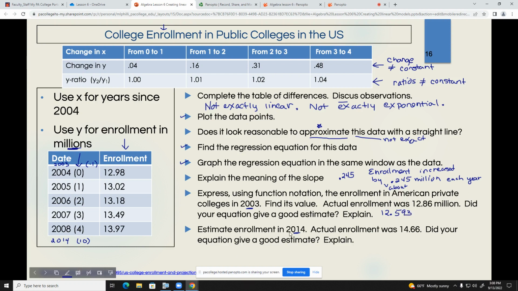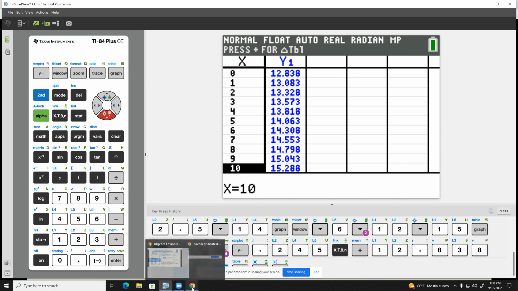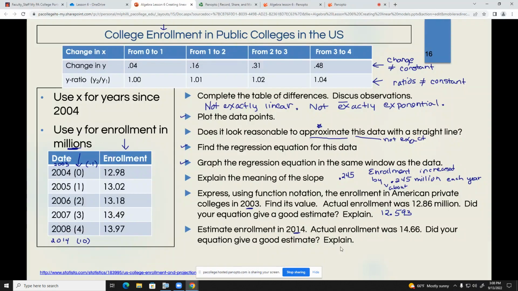All right, and then 2014 we said would be year 10. So scrolling in my table to 10, 15.288.